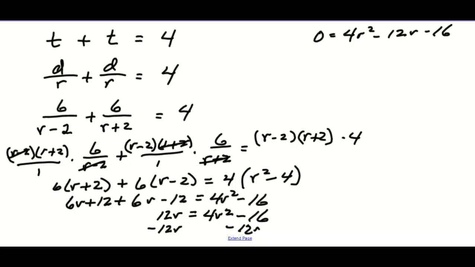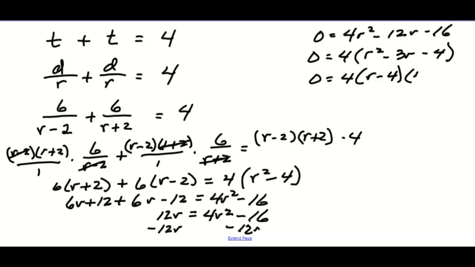Interestingly enough, we do have a common factor there, which is 4. When we factor that out, we get r squared minus 3r minus 4. So when we factor that now, what we get is 0 equals 4 times r minus 4 times r plus 1.